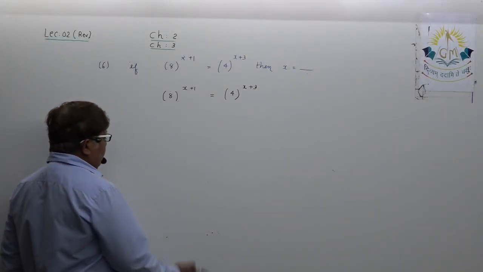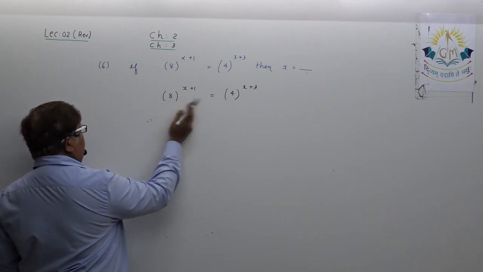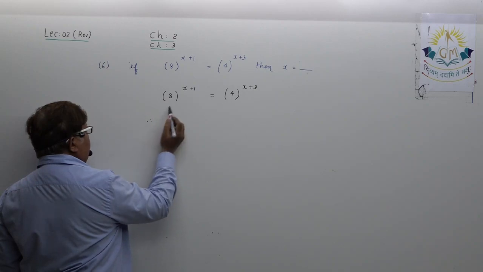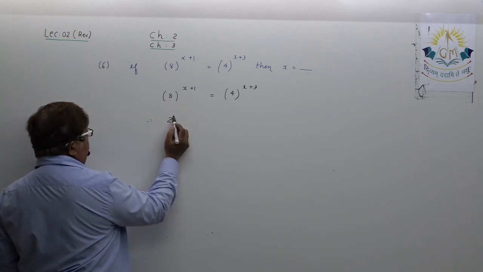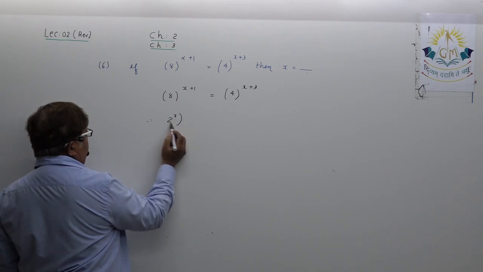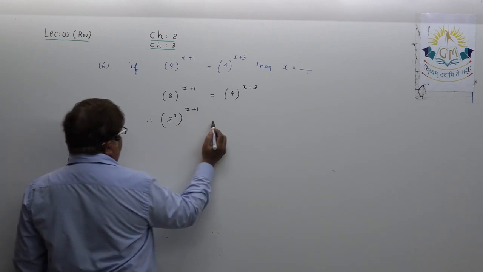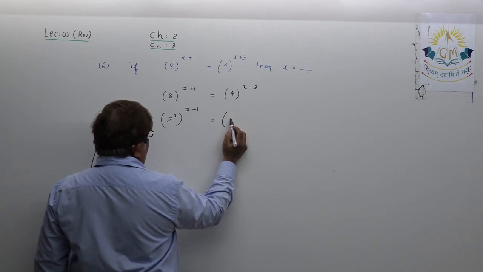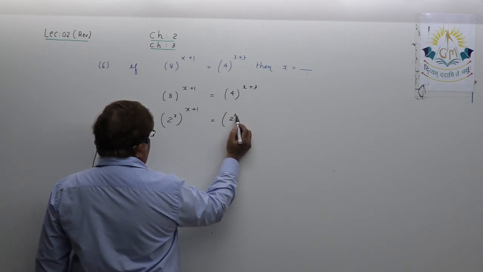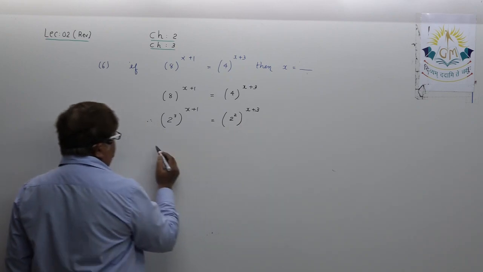So what you can do is this. You can write both the numbers in a common power of 2. Instead of 8, I can write 2 raised to 3, all raised to x plus 1. Instead of 4, I can write 2 raised to 2, all raised to x plus 3.